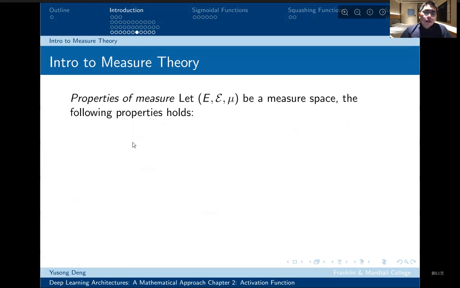All right, some properties of the measure. If this is a measure space, the following properties hold.